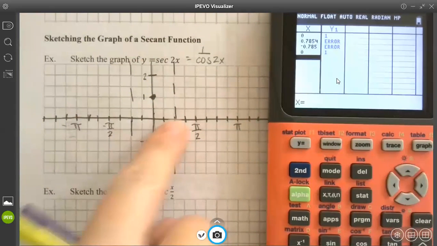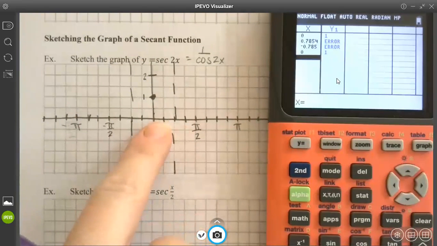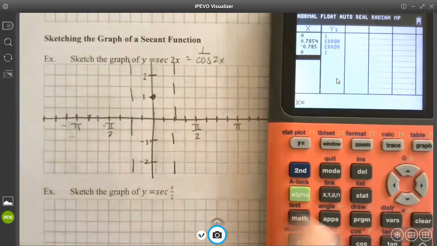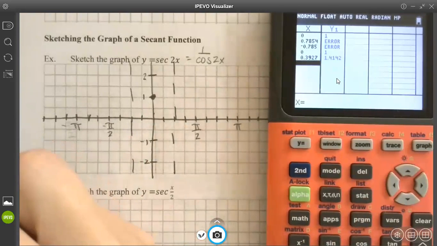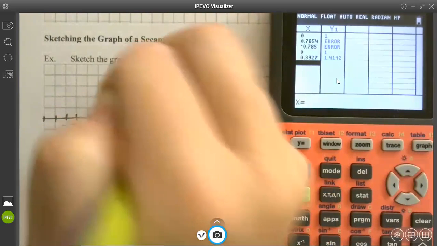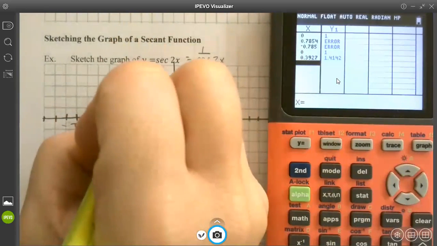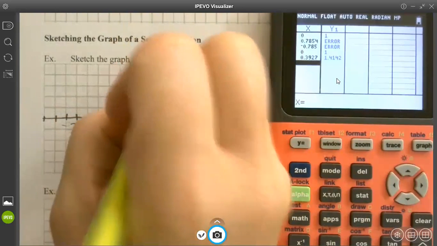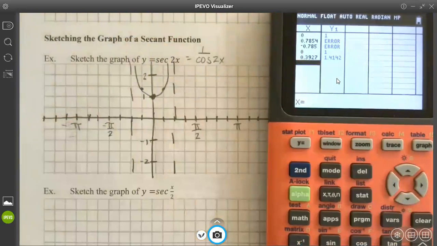If this is pi over 4, what's this one? Pi over 8. And we get 1.41. So right there. The other side's going to be the same way. And there's my U shape.